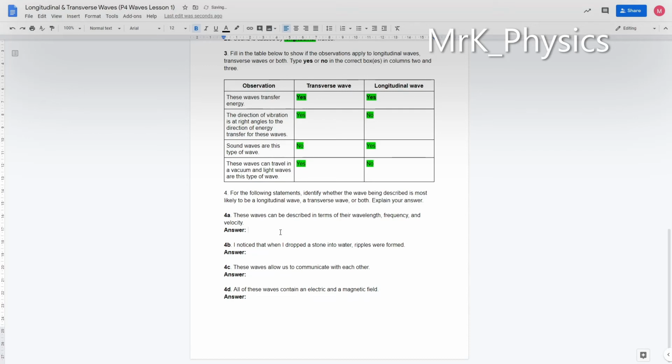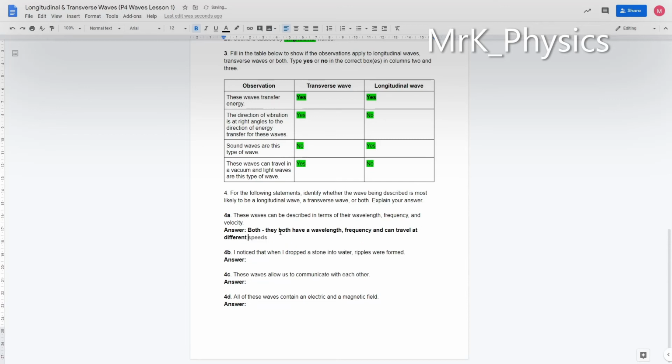And what we can put here is both. They both have a wavelength, frequency, and can travel at different velocities or speeds.